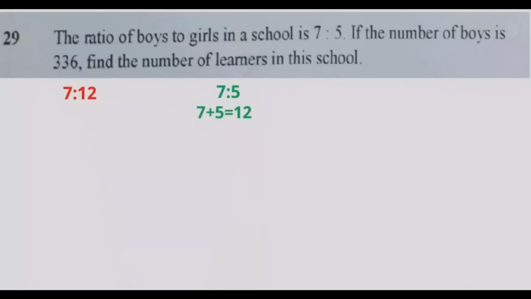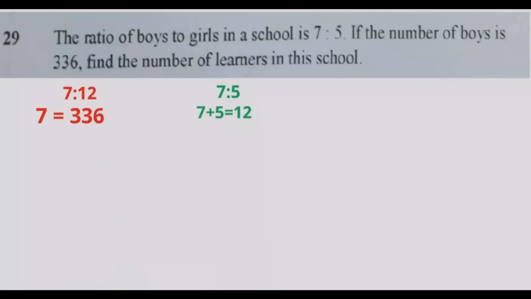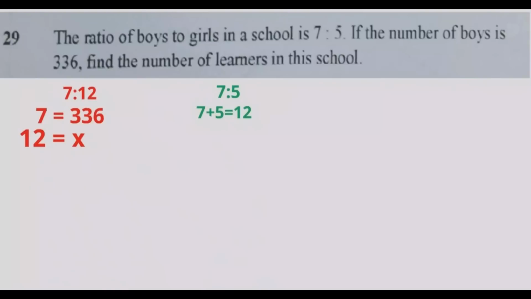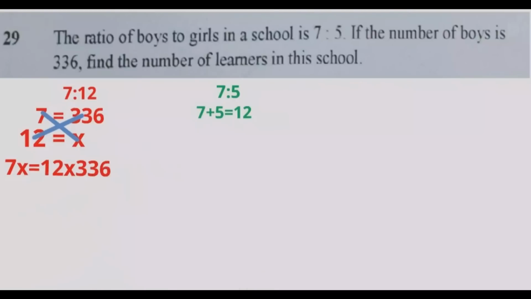So what we're going to do now is say what is the value of 7. The number of boys who have the ratio of 7 is 336. Then the number of learners in school, whose ratio is 12, is not known, so we put x. Then we cross multiply. We come up with 7x is equal to 12 times 336.